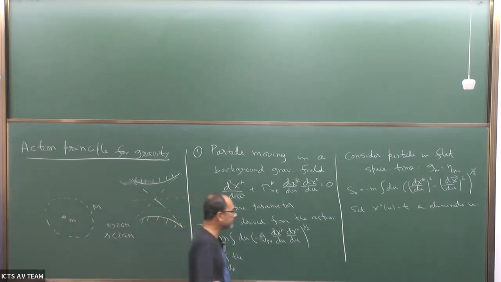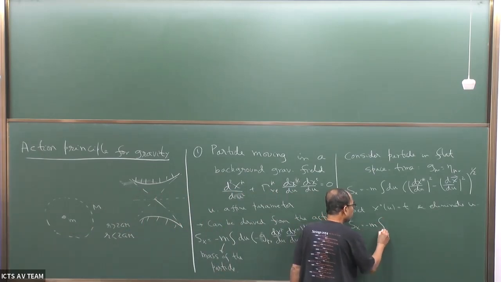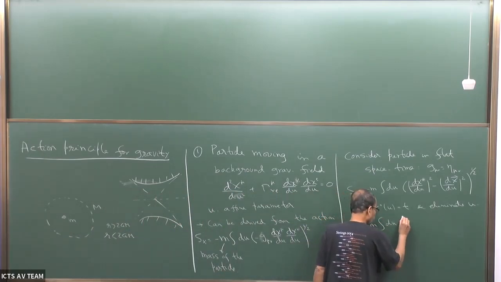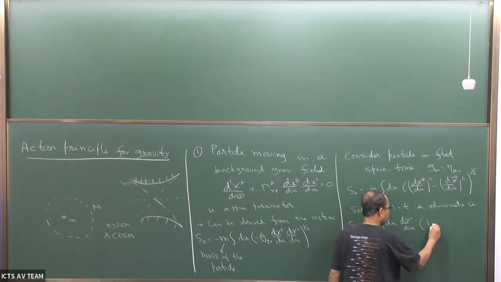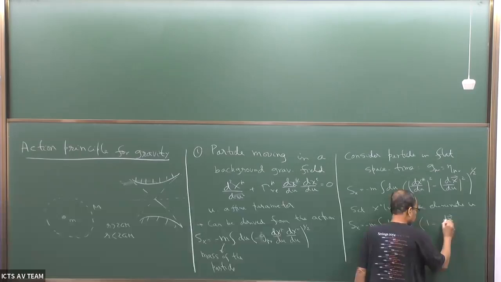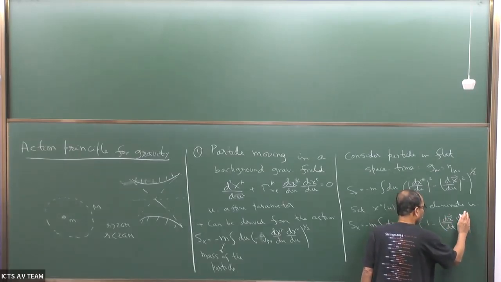Okay, so if you do this, then Sx can be written as minus m integral du dx0/du. I'll just take this out, and then 1 minus (dx/dt) square to the power half.